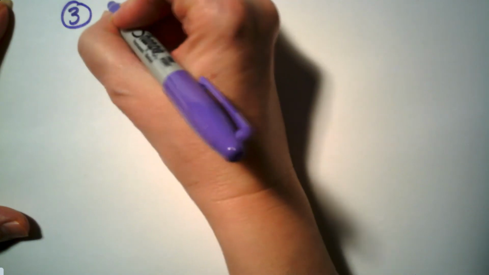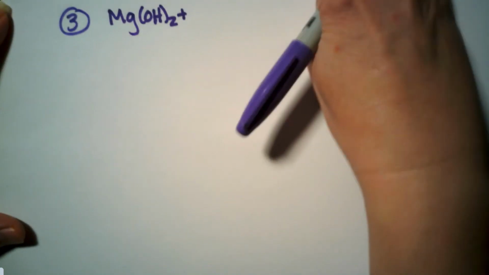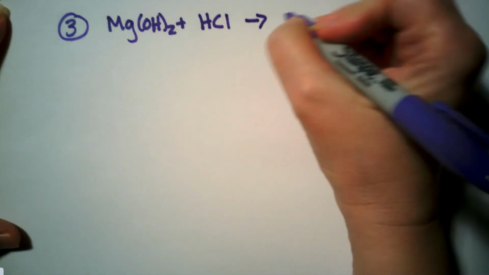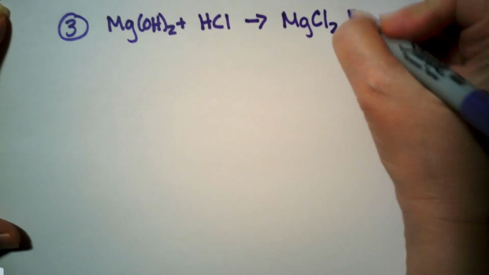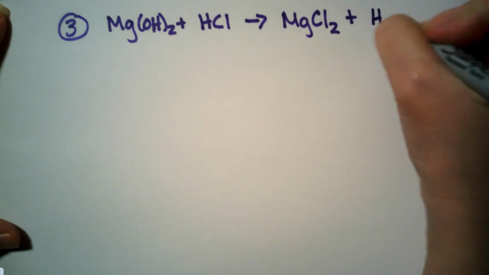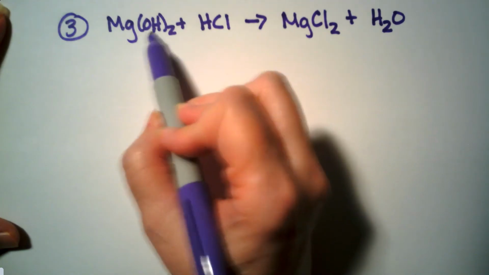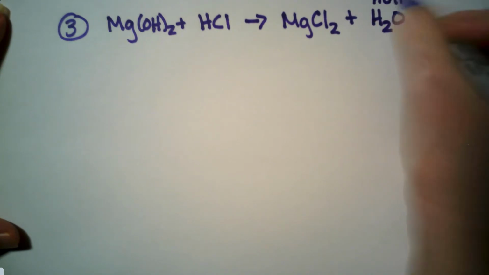Okay, we've got magnesium hydroxide plus hydrochloric acid yields magnesium chloride plus water. If you remember some of our little tricks before, if you have hydroxide on one side and you're ending up with water on the other, I can write that as HOH if I want.